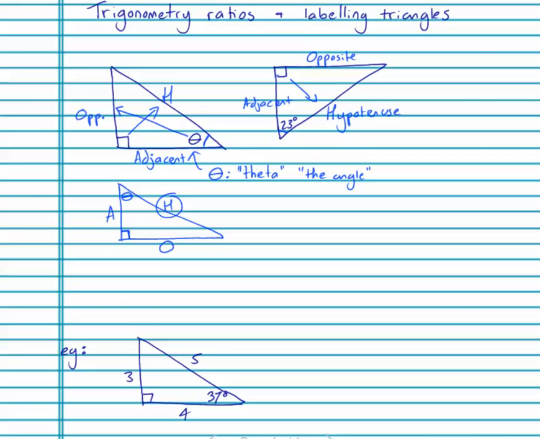So they're labeled opposite and adjacent just based on which angle we're worried about. So our first skill is we must be able to label the triangle.